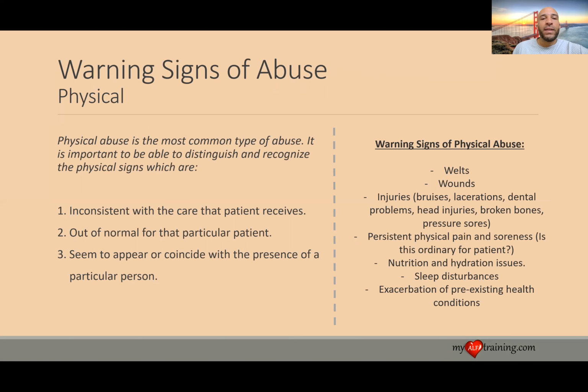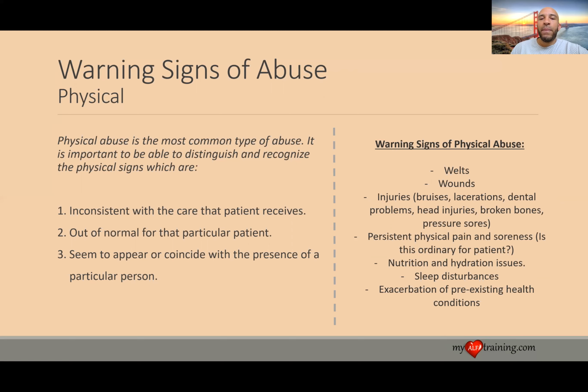So, warning signs of abuse. Physical abuse is indeed the most common type of abuse, and it's important to be able to distinguish and recognize the physical signs of abuse, which are inconsistent with the care that a patient receives.